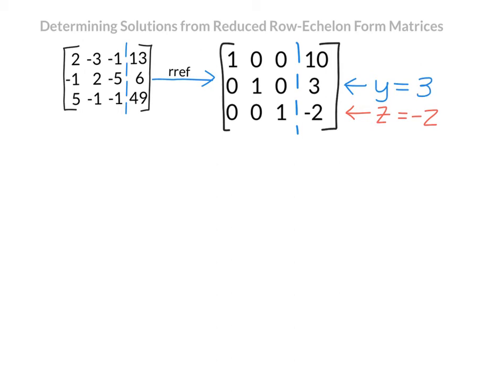And lastly, from the first row, I can see that 1x is equal to 10. This is a solved matrix because it's in reduced row echelon form, and we can now write our solution as an ordered triplet. In alphabetical order, like we usually do, it would be our x coordinate, which is 10, followed by our y coordinate, which is 3, and then lastly our z coordinate, which is negative 2.